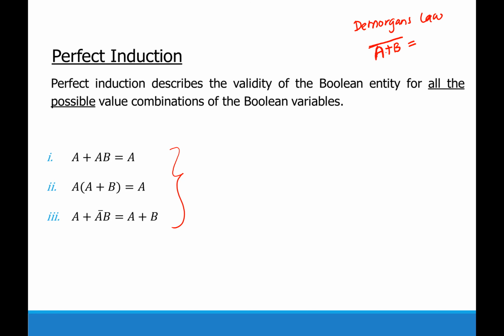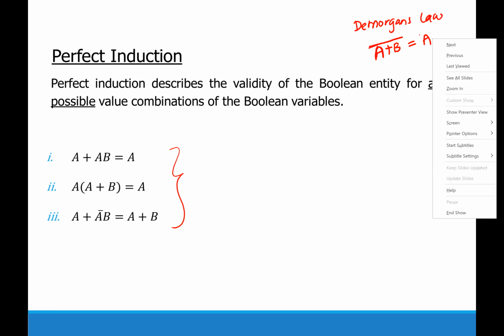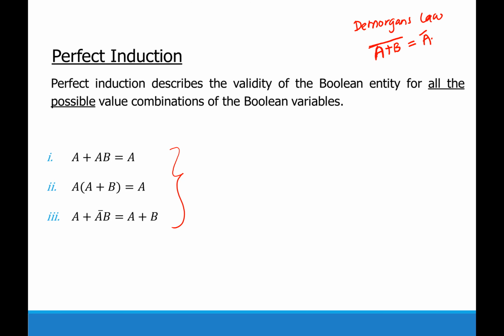So we can convert that into a multiplication like this by using De Morgan's law. In this case, we separately write A bar and B bar. We change the summation into multiplication. And if we have the complement of A times B, now here we have the multiplication. So we do the same thing here. We can rewrite that by using the summation. So that becomes A bar plus B bar.